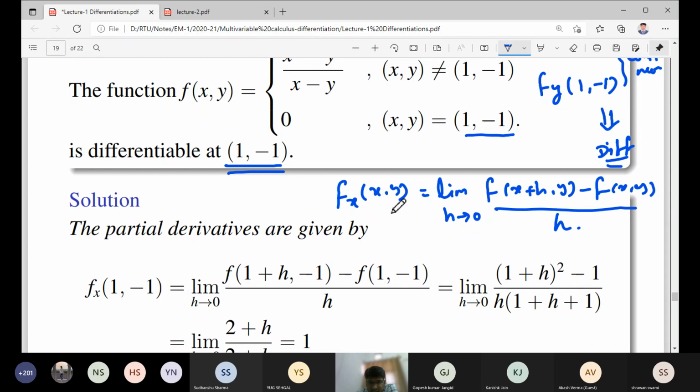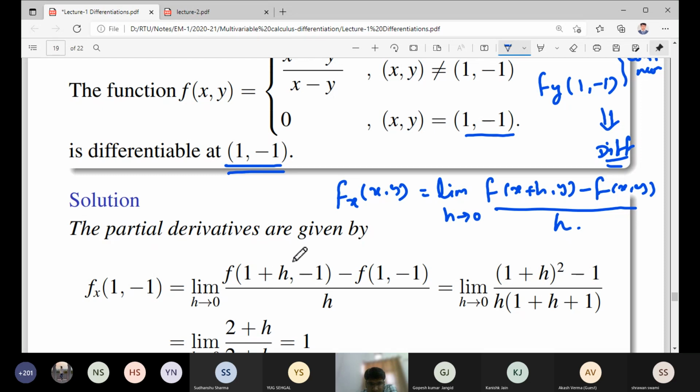If we apply this definition at the point (1, −1), x is replaced by 1 and y by −1, so it becomes the limit as h approaches 0 of [f(1+h, −1) − f(1, −1)]/h.